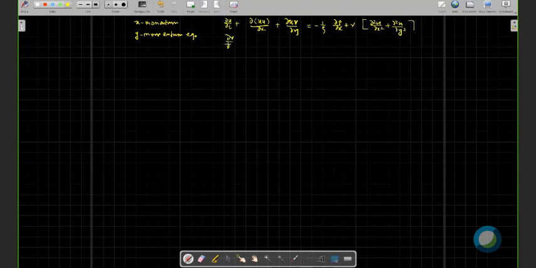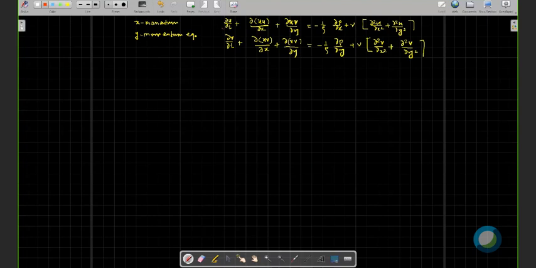And in the y momentum similarly we used to get terms like del uv del x plus del v square del y and minus 1 by rho del p del y plus nu del 2v del x2 plus del 2v del y2.